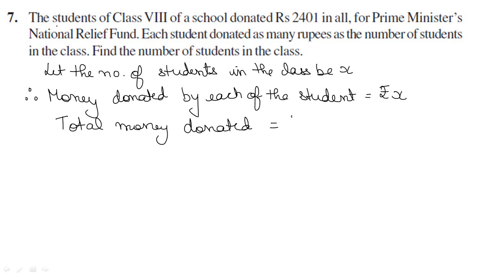So according to the question, what will be the equation? Number of students multiplied by money donated by each one of them is equal to 2401, right?